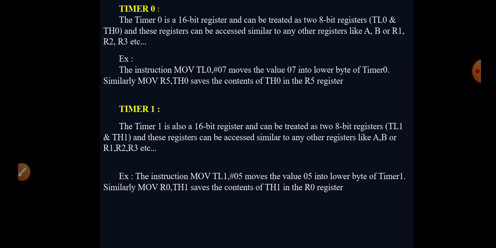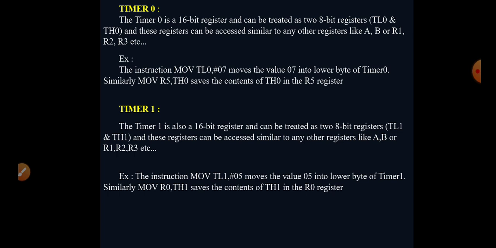That 07 will be copied into the lower 8 bits of timer 0. If you want to copy the content of timer registers into any general purpose register, for example R5, you can use an instruction like MOV R5, TH0, which saves the higher byte of timer 0, the content of TH0, into register R5.